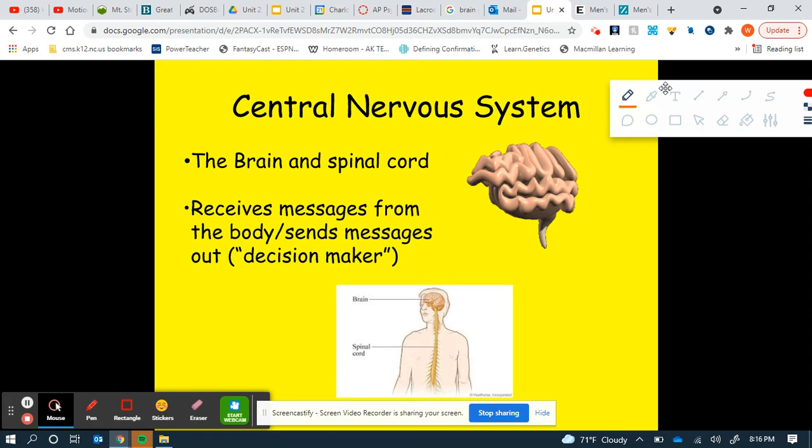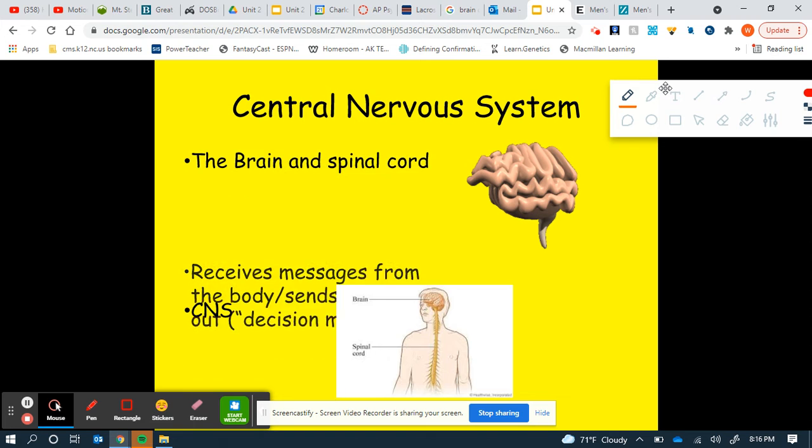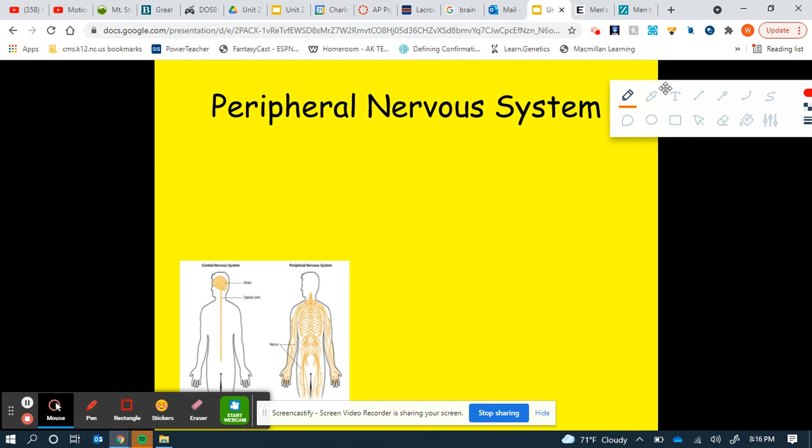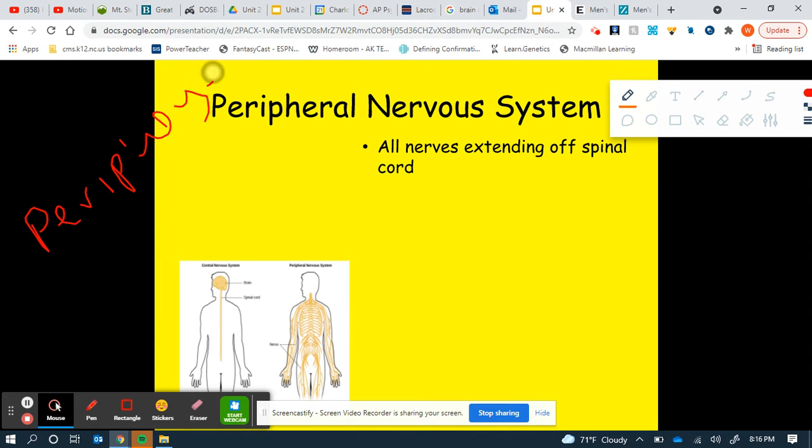All right, so the part that we'll spend the most time on is the peripheral nervous system. These are all of the nerves that extend off of the spinal cord. Periphery means outside.